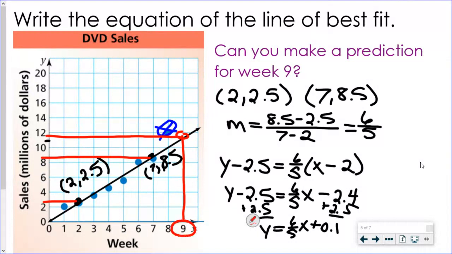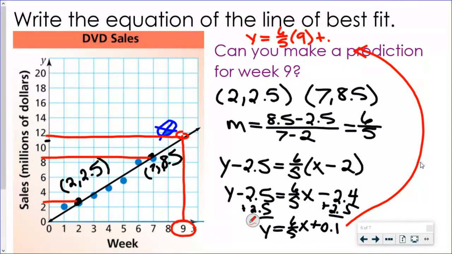So that's my equation of the line. Now let's see how close I was. I'm going to use 9 for x. So I'm going to take this equation, and I'm going to say y equals 6 over 5 times 9 plus 0.1. Okay, so if I do 6 over 5 times 9 plus 0.1, I got 10.9.